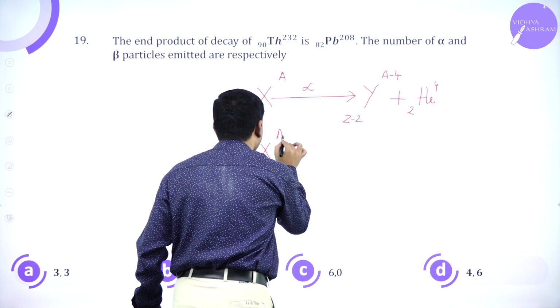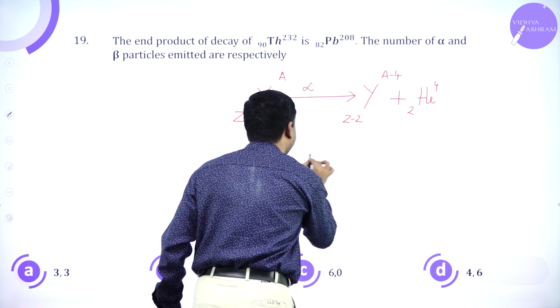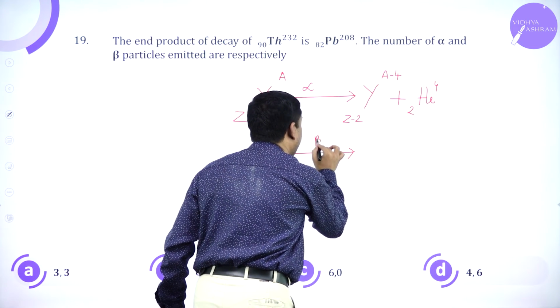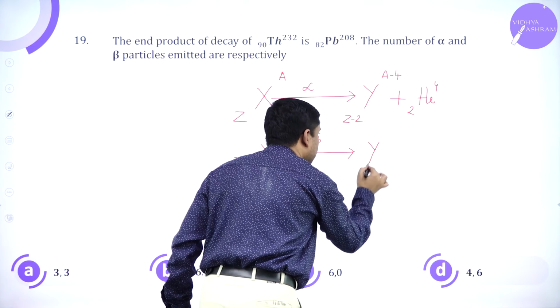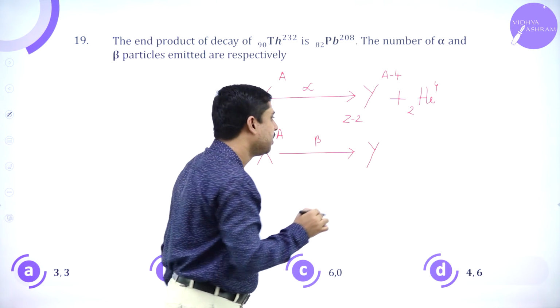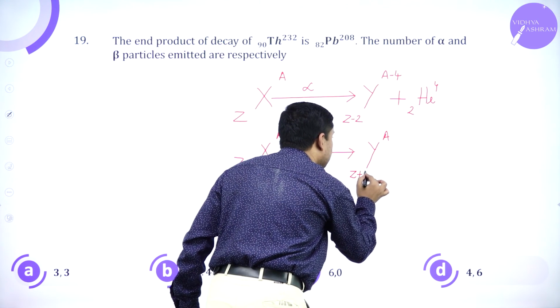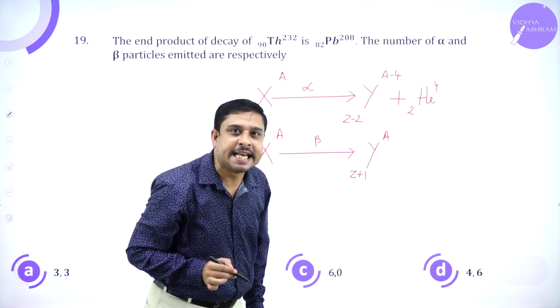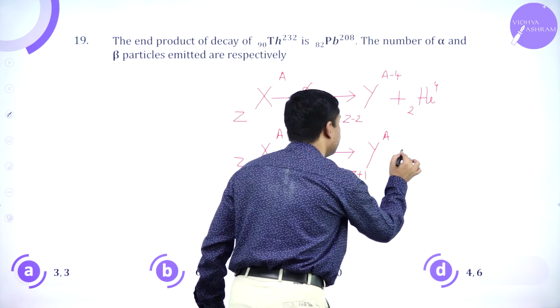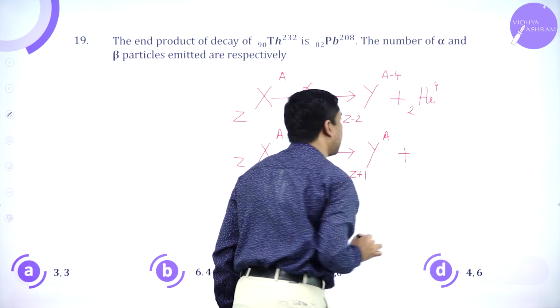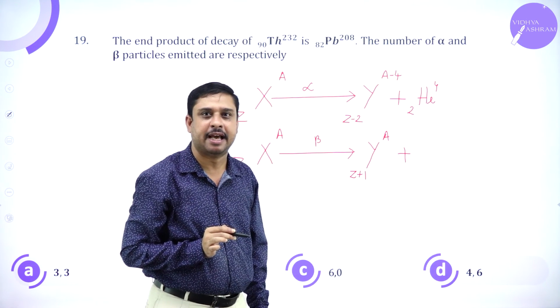Similarly, if it is emitting a beta particle, what should happen? Mass number remains the same. Charge number increases by 1, plus a beta particle is emitted.